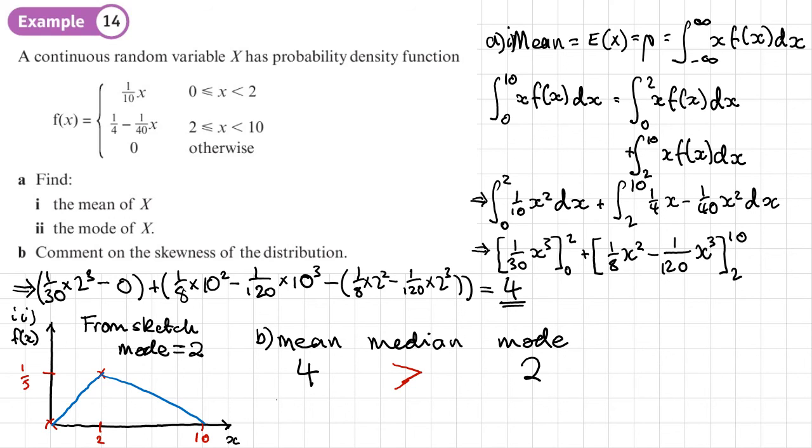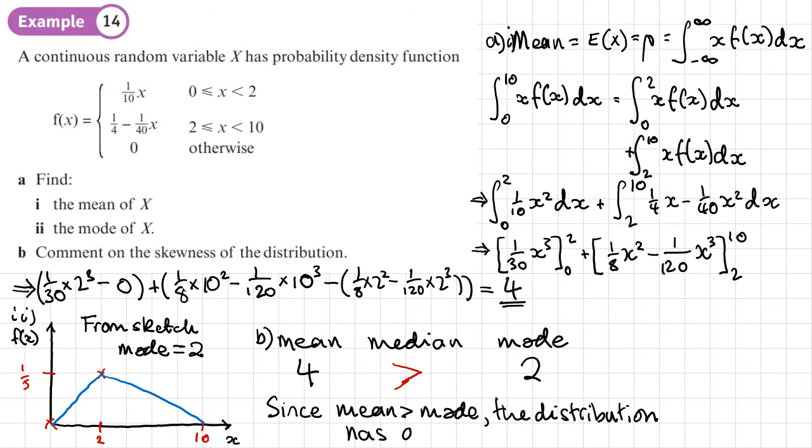So we can say since the mean is greater than the mode, the distribution has a positive skew.